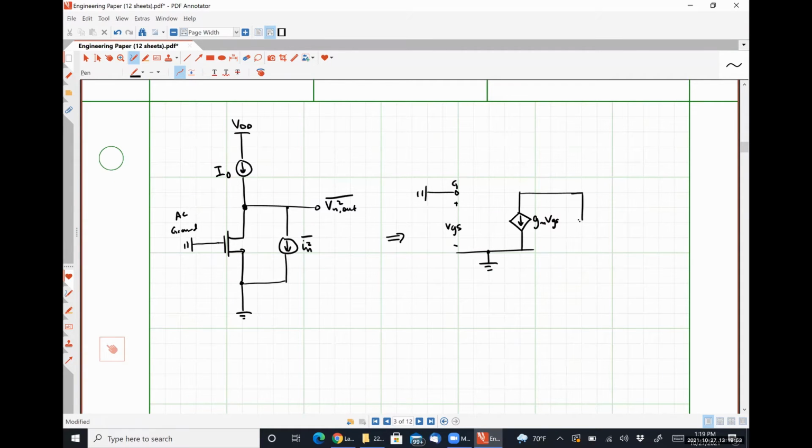Here we have our output resistance R out. Here we have our noise generator, right? So it's going to show up between the drain and the source. So this is IN squared. And here is where we take VN out. Sorry, do it backwards.